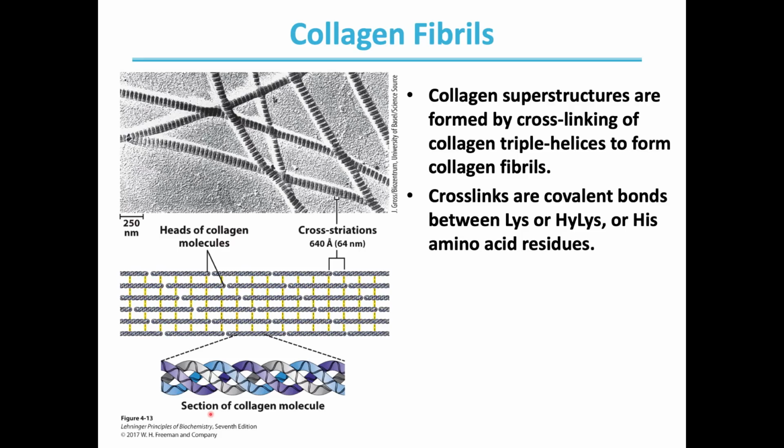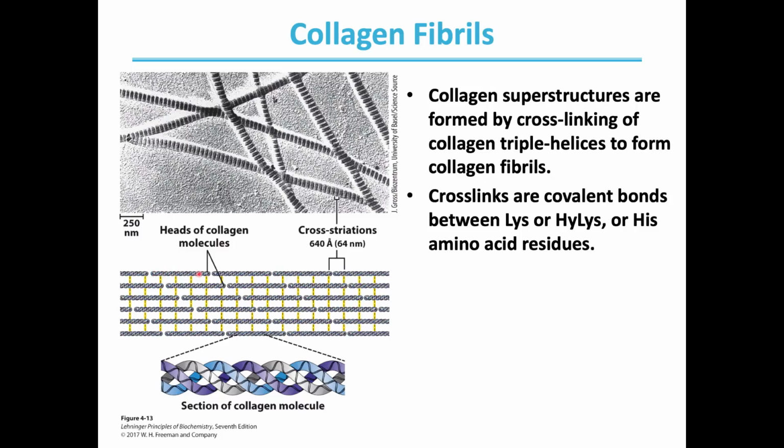So here is an electron micrograph of collagen fibrils, and we can see here that they form these long, thin structures that are striated. The collagen superstructures are formed by cross-linking of these collagen triple helices to form collagen fibrils, and we can see that here.